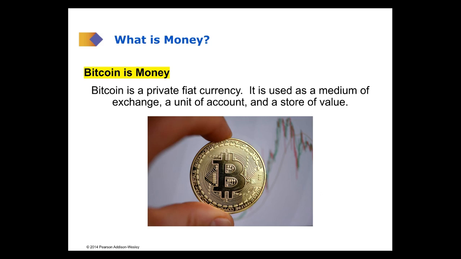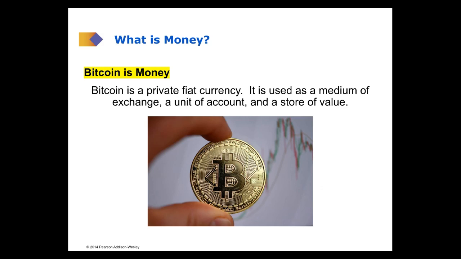by a government. If you look at the U.S. dollar, which is a fiat currency, and you look at the amount of debt that the United States government has amassed, there's some risk in holding dollars. There's some concern the value of the dollar would decline in the future. So Bitcoin provides an alternative, and it's not something that's controlled by a government. Also, the number of Bitcoins that are allowed to exist is finite.